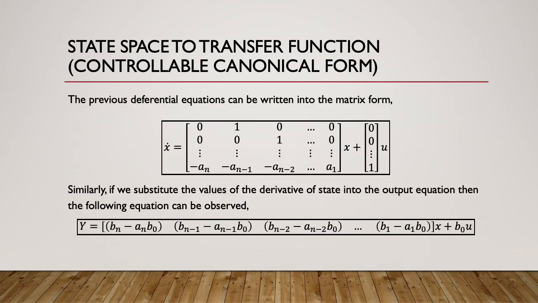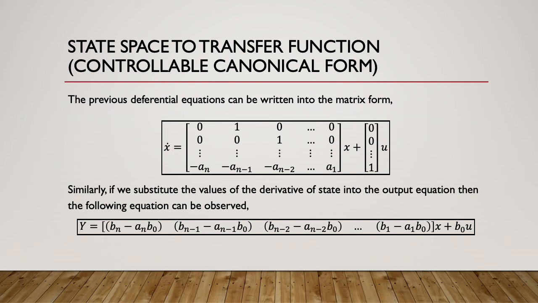x1 dot equals 0, 1, 0, 0, because x1 dot equals x2. x2 dot equals x3, so the second row will be 0, 0, 1, and all zeros after.